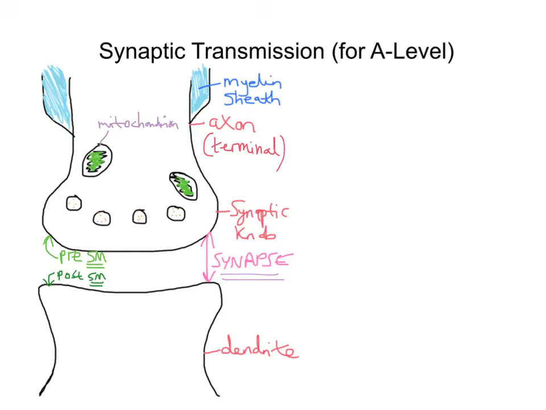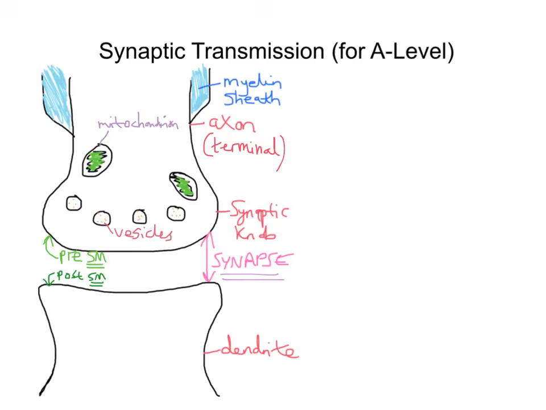And what we have here in sacs, and again I've not drawn them all, are membranous sacs called vesicles. And these vesicles contain what's called neurotransmitter. The example of the neurotransmitter we're going to talk about is acetylcholine, sometimes shortened to ACh. So this neurotransmitter is within these vesicles. I'm drawing that as yellow dots.